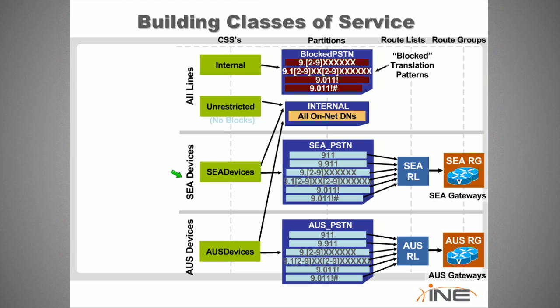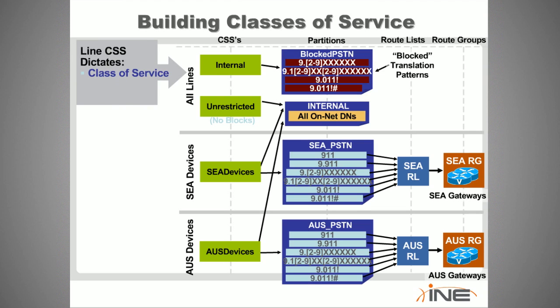But we also have specific Seattle devices, like Seattle phones, even Seattle gateways for inbound calls, maybe. Austin devices, and then any number of other sites we have will have devices for calling search spaces and patterns. Note that we still have to have a replication of the patterns.